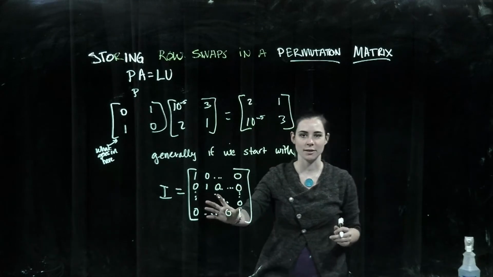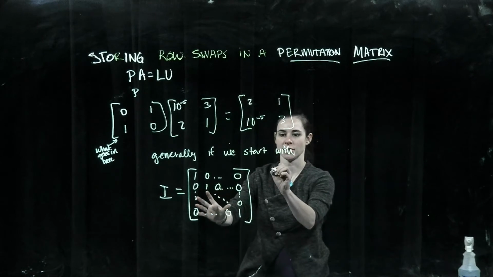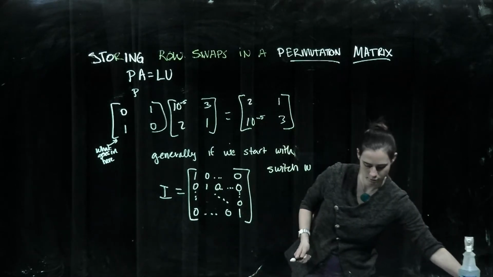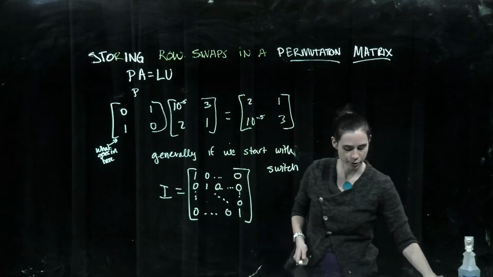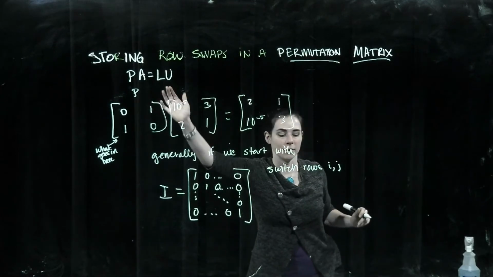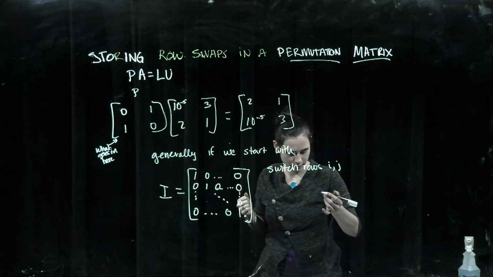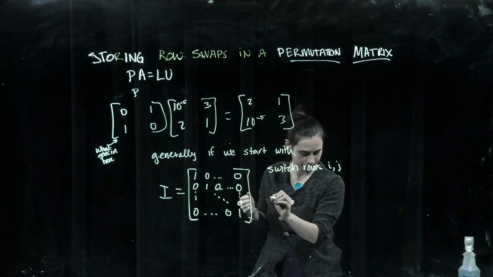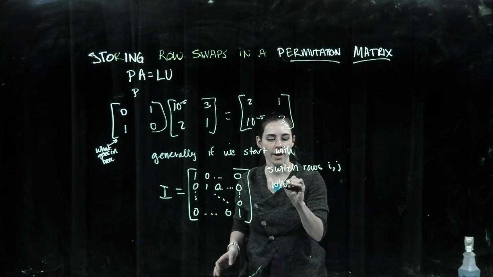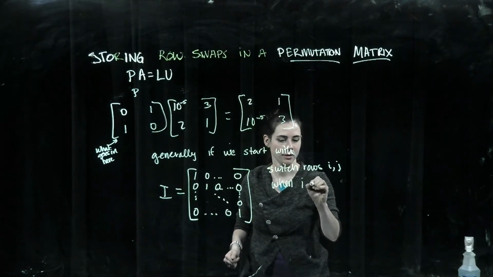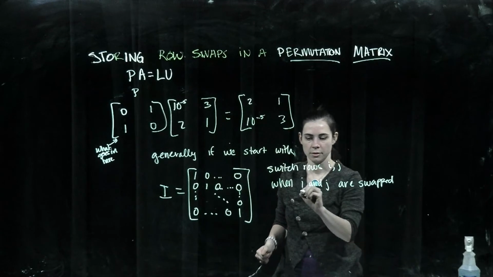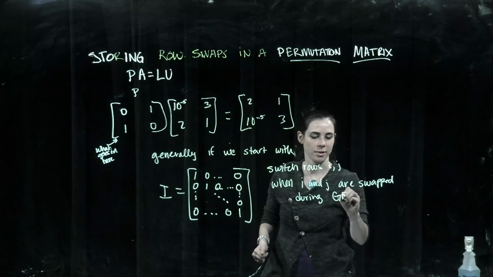If I have my identity matrix, all I have to do to get my permutation matrix is this: if we swap rows I and J in our A while we do LU, then we switch rows I and J in the identity matrix, at the time that I and J are swapped during Gaussian elimination.